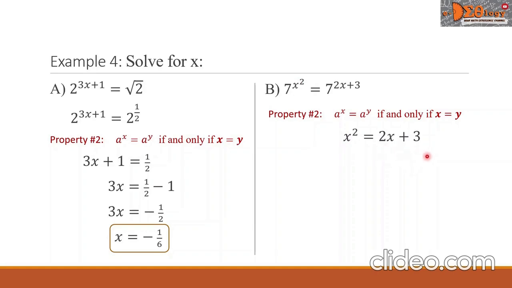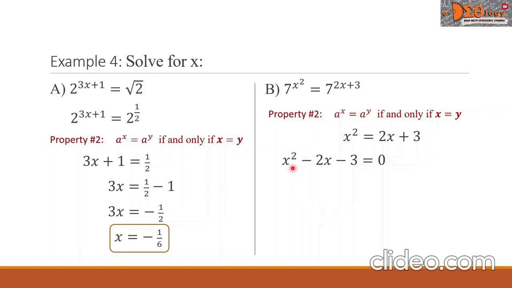The binomial here we transpose to the left side. So we have x squared minus 2x minus 3 equals 0. This is now a quadratic equation. We can solve this by any method. We can solve by factoring or we can use the quadratic formula. In this video, let us solve this by factoring.